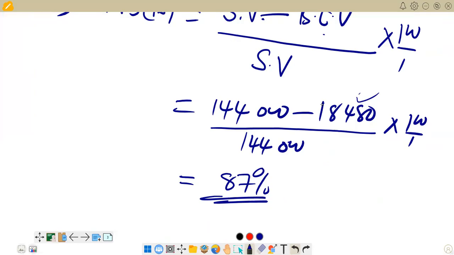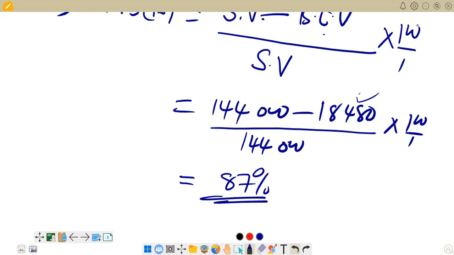So on graphical representation, we also have to take note that the fixed costs do not change with the level of output. So what it means, even if our output is 0 units, our fixed costs will be the same.